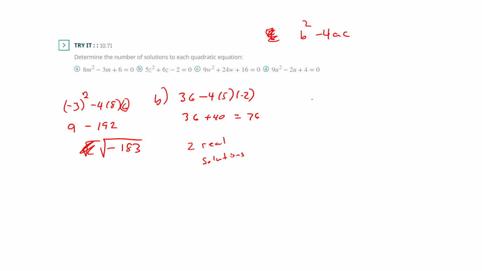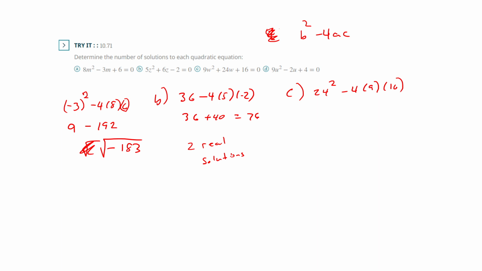Okay, this one is going to be... I'm going to do C here again, or maybe I'll do all these. So we got b squared would be 24 squared minus 4ac. Now I have a feeling these are the same number.